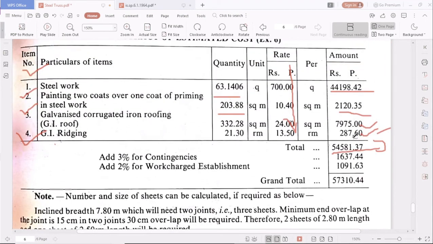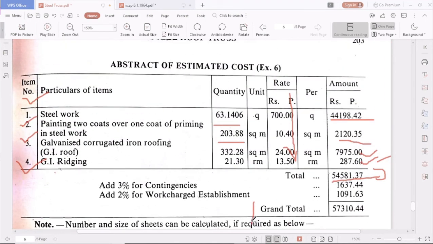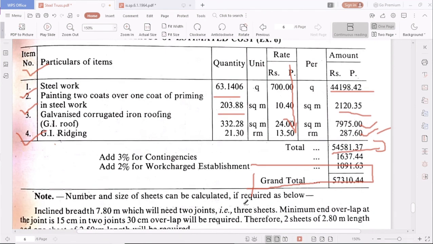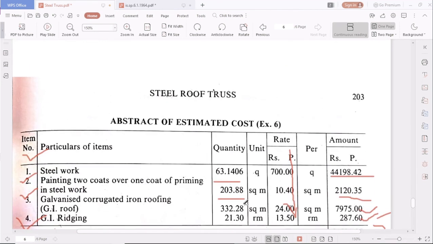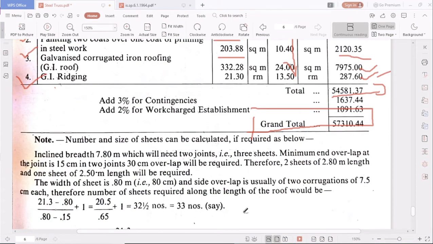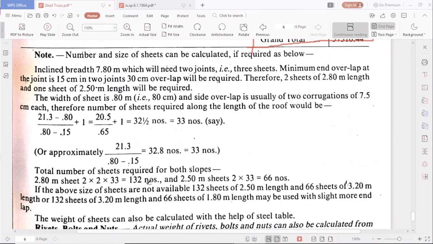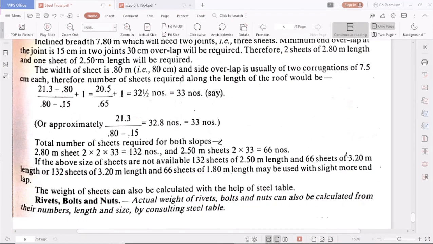So we get the grand total of 57,310.44 rupees as the total estimated cost for the steel roof truss. If you want to find the GI roof separately, meaning how many sheets are going to be used, you can follow this.